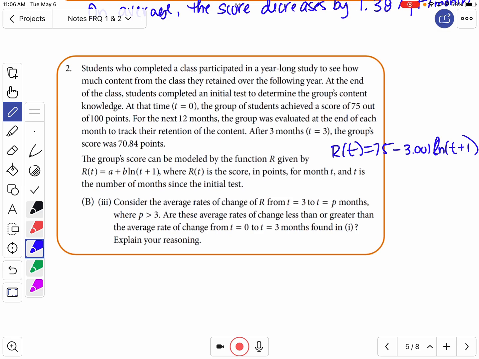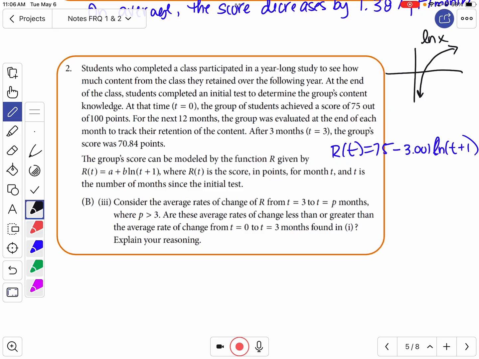Now, we got to think for a second about a logarithmic function. A typical logarithmic function looks something like this. If I was just doing a regular ln, it would look something like that. Ours has that 75 on it, so we've scooted it up a little bit.